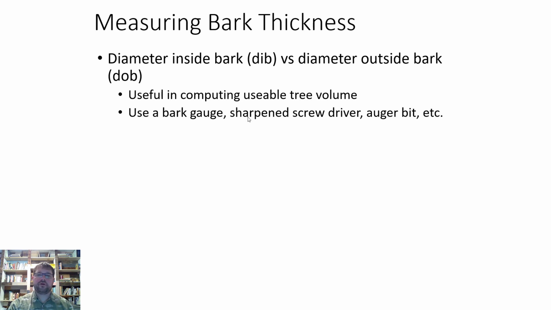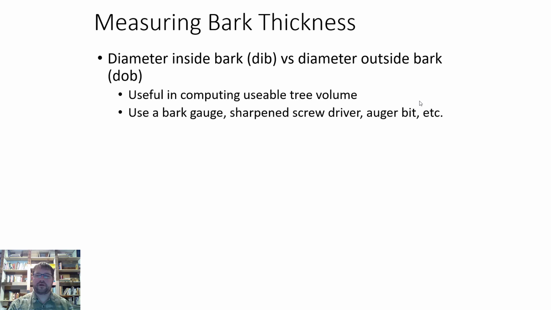If you're around someone who might be a logger, who is going to just cut and the volume can be a little more loose, they might just use a sharpened screwdriver with an inch or two marked on the screwdriver, and they just jam it into the tree, okay, and get their measurement that way.